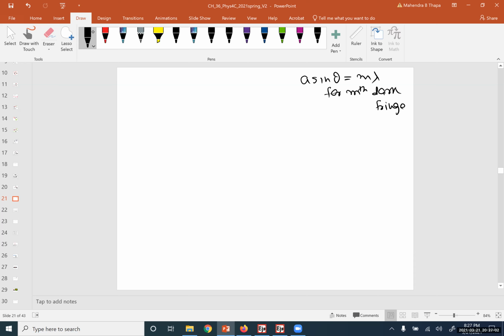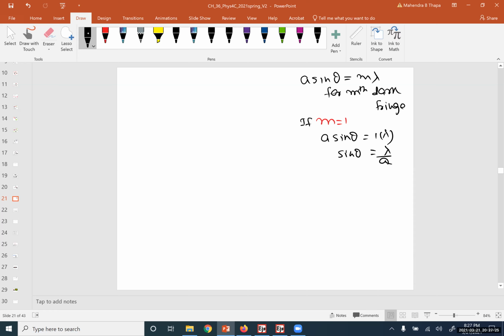So let's put here, if m is equal to 1, we get the first dark. In that situation, we can write a sine theta equals 1 times lambda. So this means sine theta equals lambda over a.